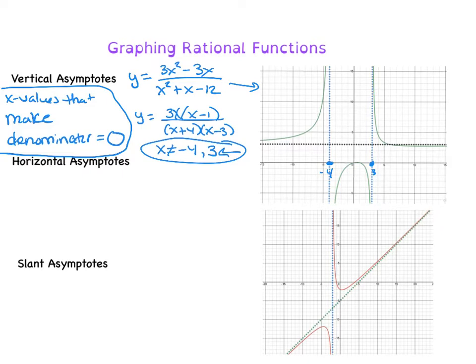Looking at the example on the bottom, I'm going to switch to a different color pen. This one came from y equals x squared minus 3x minus 4 over x plus 2. And if you look at this one, it has also another vertical asymptote.